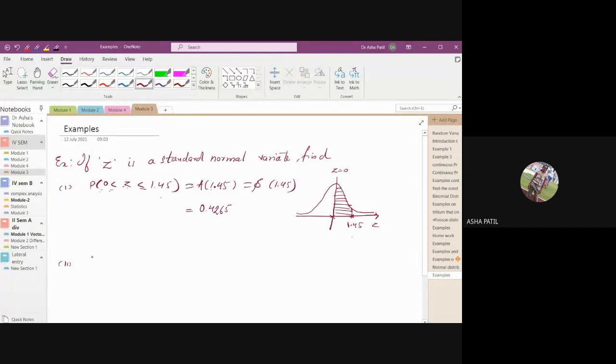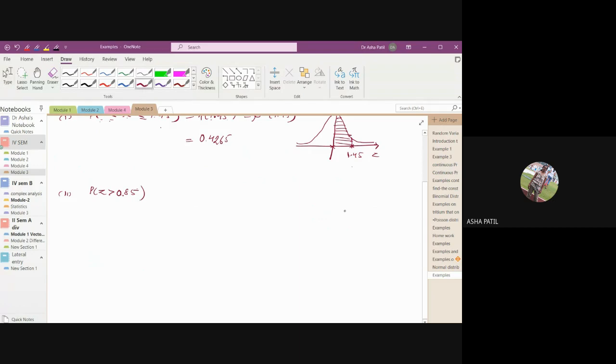I'll take the probability that Z is greater than 0.85. Drawing this normal curve will help you recognize which area you are considering. Otherwise, it will be difficult for you. First, draw the figure. Then you will come to know which area you have to consider.